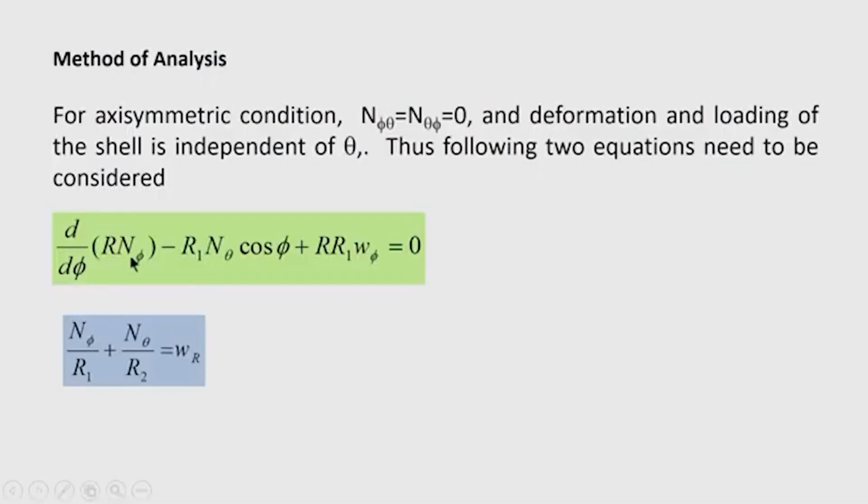One is a differential equation: d by d phi of r n phi minus r 1 n theta cos phi plus r r 1 w phi equal to 0.